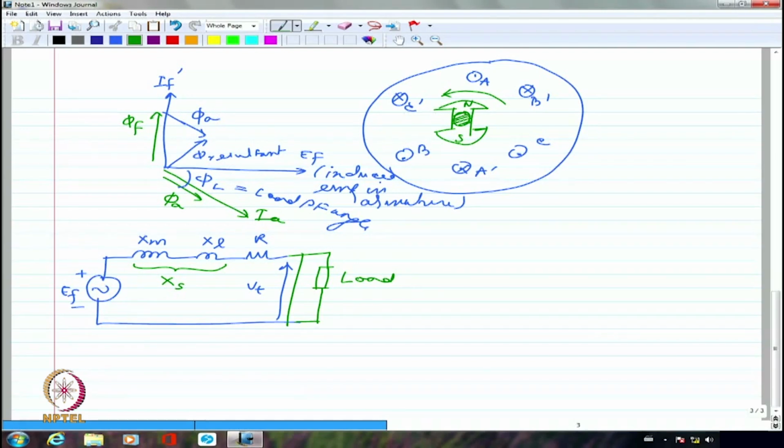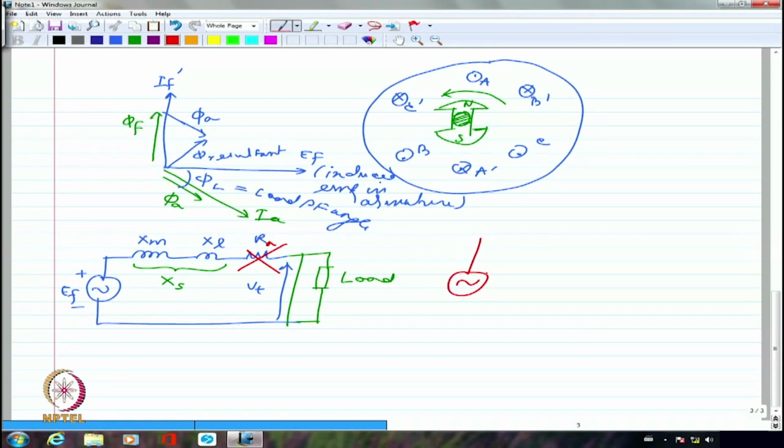That's the reason we normally have very low values of RA in most synchronous machines. In fact, unless we are calculating efficiency, very often we will even neglect this. So, if you are asked to draw the simplified equivalent circuit of a synchronous machine, it's very simple.